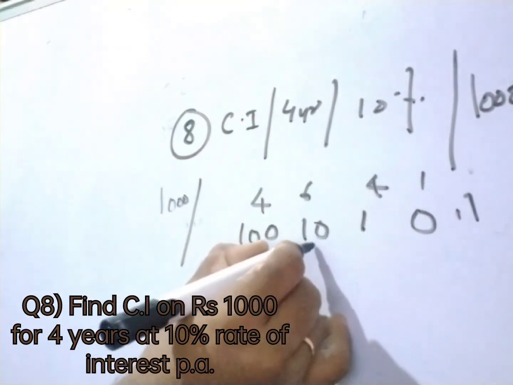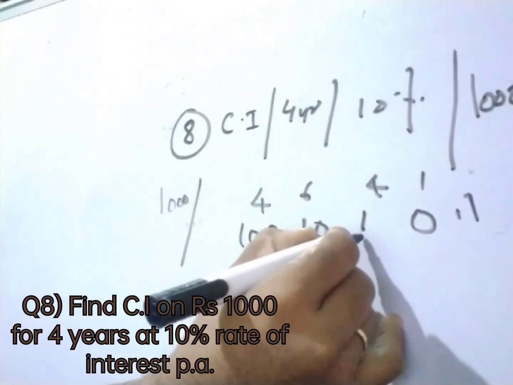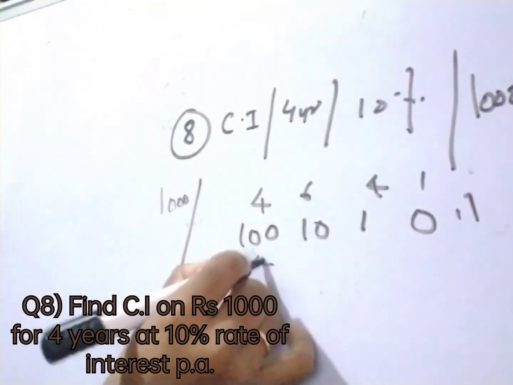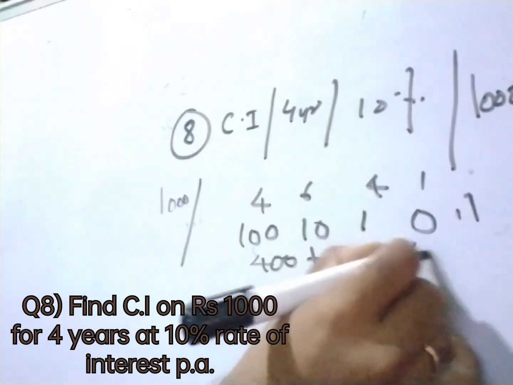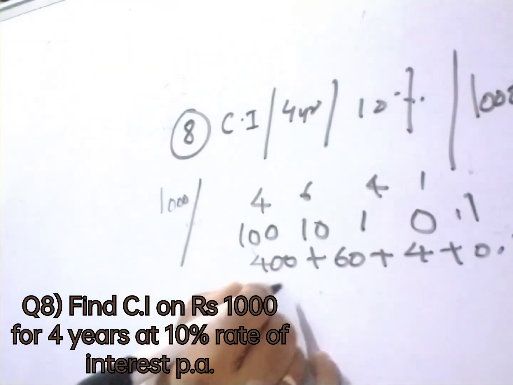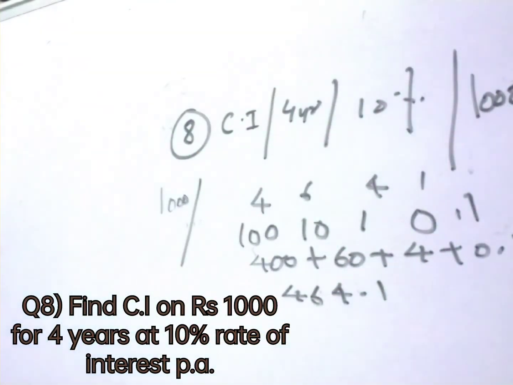For 100, 10%, 10. For 10, 10%, 1. For 1, 10%, 0.1. So 100 into 4, 400, plus 10 into 6, 60, plus 1 into 4, 4, plus 0.1. Total it is 464.1.